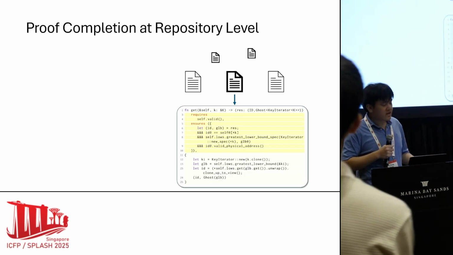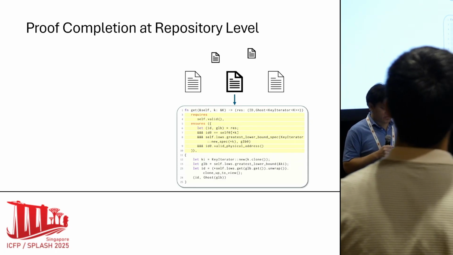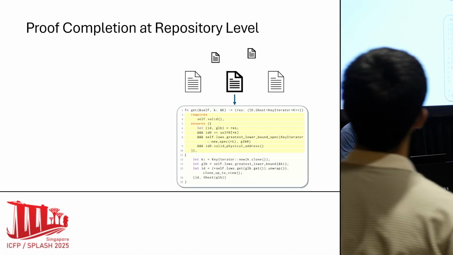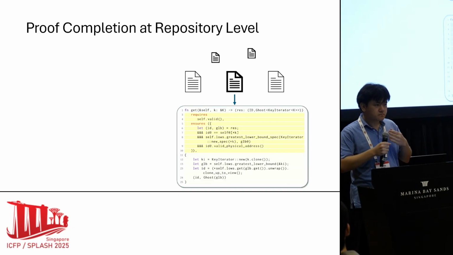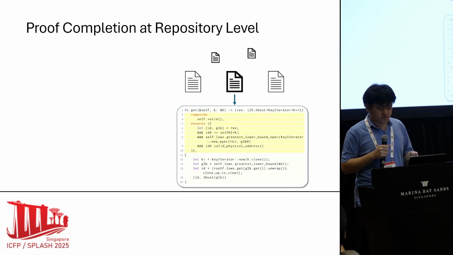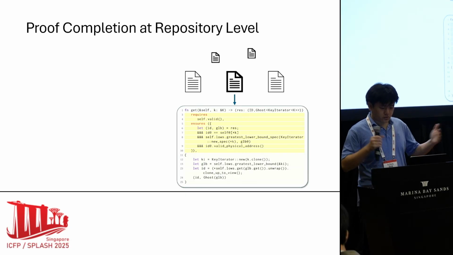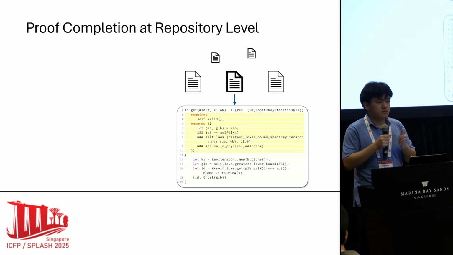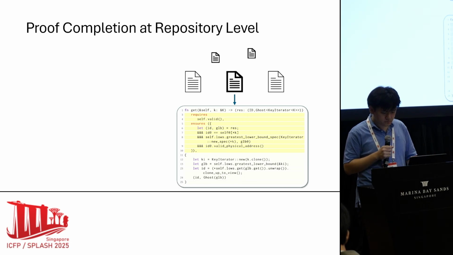And with that, in this work we specifically study the proof completion problem in a repository-level setting, where we believe these larger repositories reflect a more practical situation of how software development is completed, where not only is the volume huge, but things are modularized into different files and components.